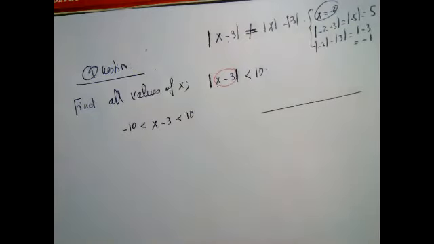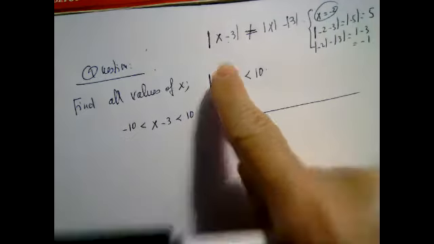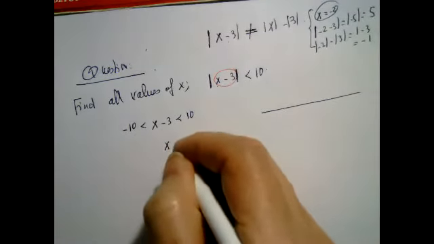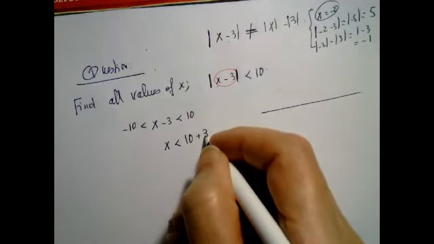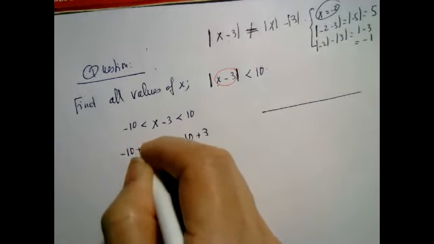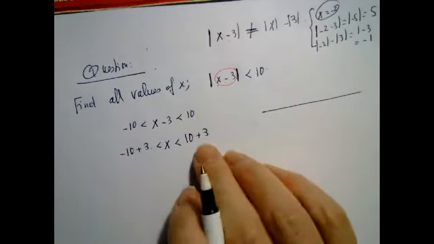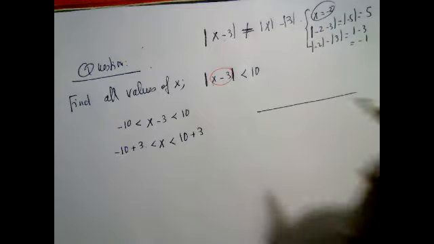The maximum value X minus 3 can take is 10, and the smallest value is minus 10. Where is my x? I have to add 3 to both sides. It's between minus 10 plus 3 and 10 plus 3. Graphically, I put 10 plus 3 on purpose because I want to show you where my x is, which means graphically the following.